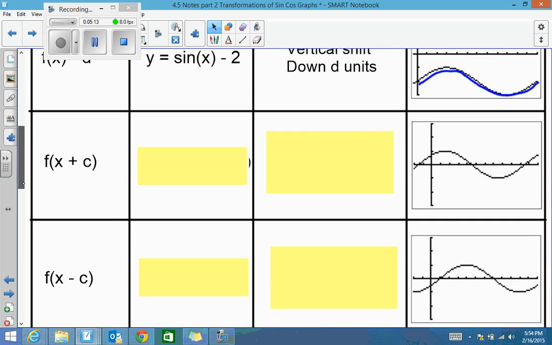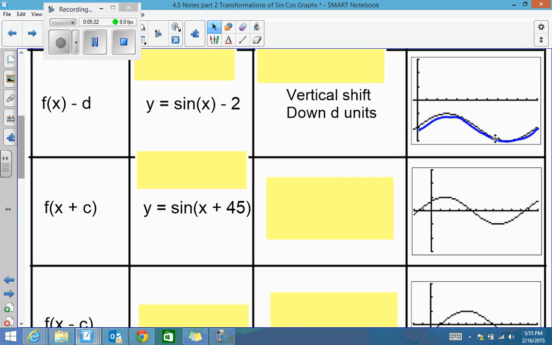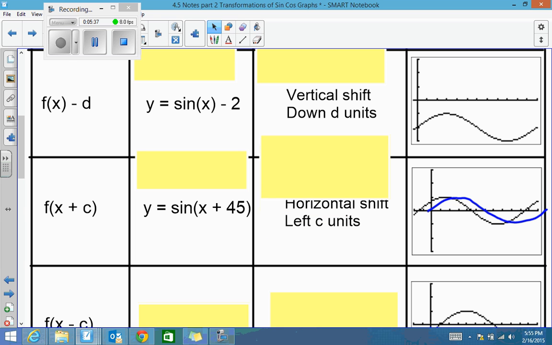If we add a c value to the equation, such as sine of x plus 45, again, our definition of the c value is a horizontal shift, so it shifts it left or right. Adding a positive c value actually shifts it to the left.